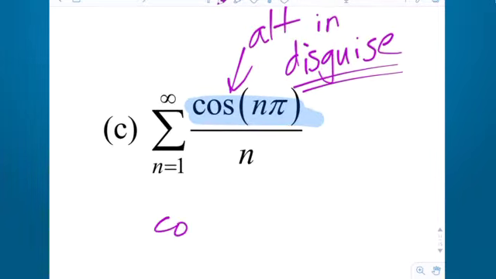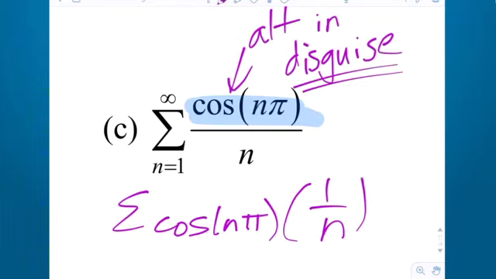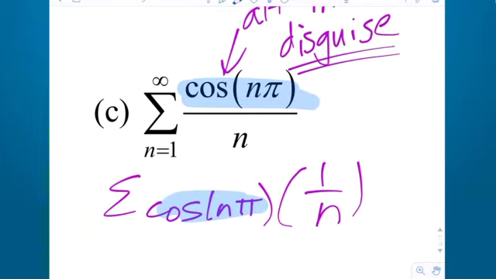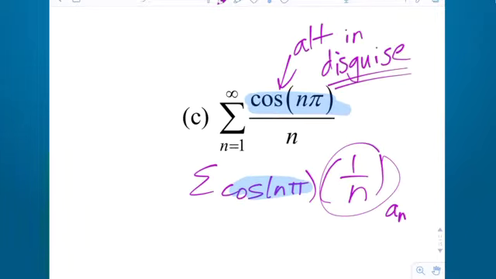So what we can do then, by the alternating series test, is separate it. Here's the alternator part. And then this is what we would call a sub n. So we'll check the two things. What's the limit as n goes to infinity of 1 over n? 1 over n goes to 0, right?